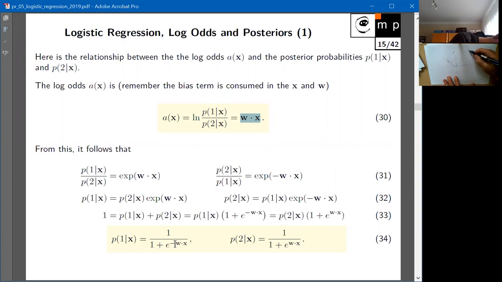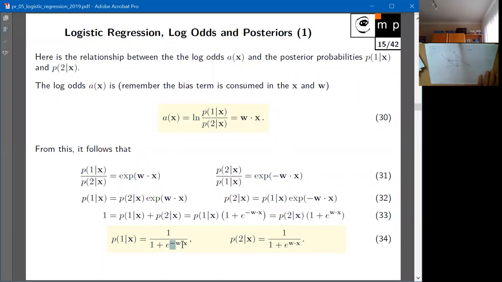Let's assume that w is a unit vector. We project, and on this projected direction, we'll do 1 over 1 plus e to the minus w·x. So this will be some sort of a sigmoidal function.